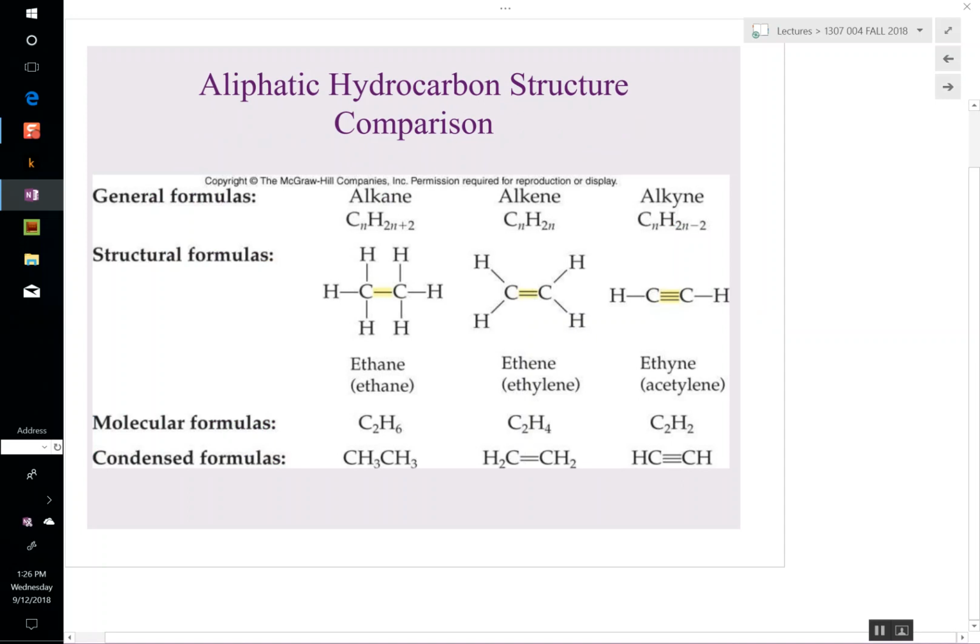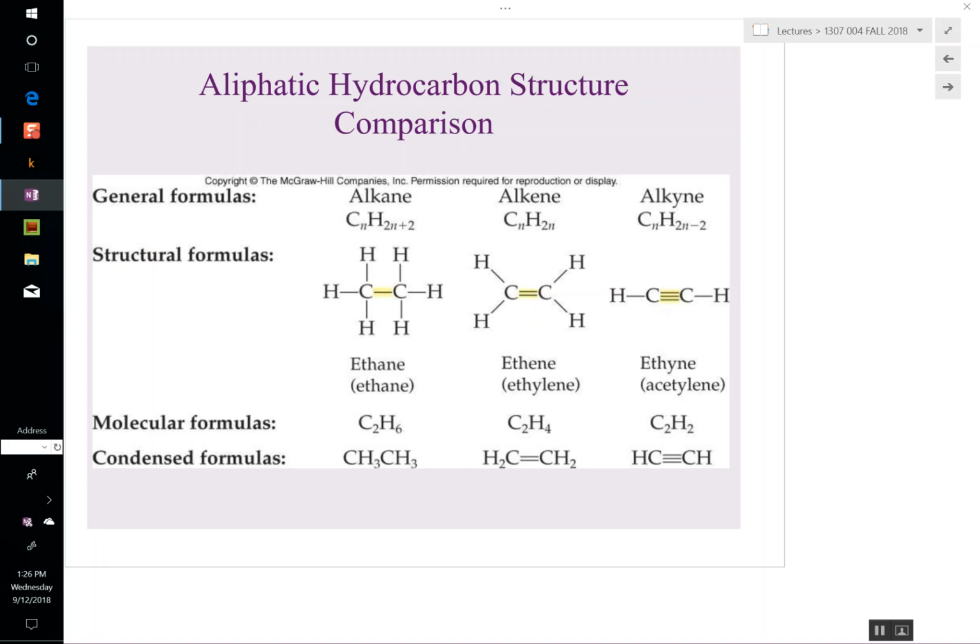So here's a simple little comparison. Eth, two carbons. The prefix still means the same thing in chapter 11. So hex still means 6 carbons. Pent, 5 carbons. Eth means 2 carbons. So there's ethane with all single bonds around those carbons, 4 single bonds around the carbon. Here's ethene. Now notice we're still going to have a total of 4 bonds.